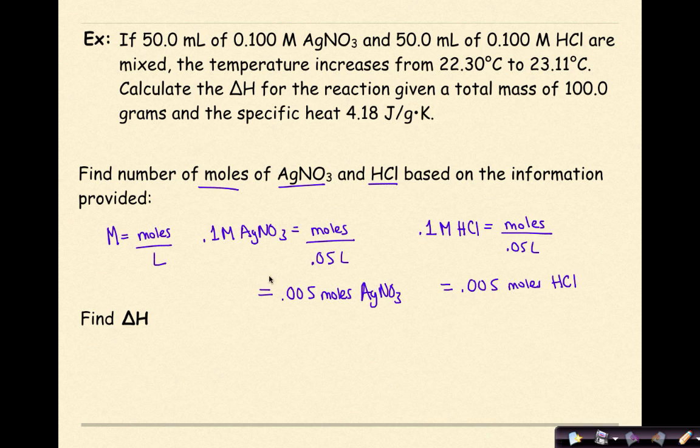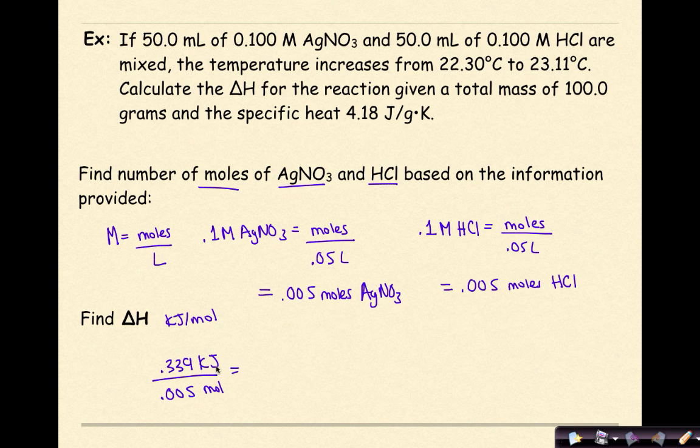The final thing that we need to do here is find delta H, and remember that delta H will be given to us in kilojoules per mole, which is why on the previous slide we had to convert to kilojoules. So what we're going to do is take that 0.339 kilojoules and divide by the number of moles, and it doesn't really matter which one we pick here because they are the same number of moles, 0.005 moles.